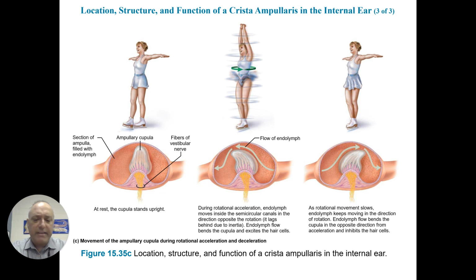But it excites these hair cells. And then when this person stops, the endolymph is still flowing, just in the opposite direction now. And it bends the cupula in the opposite direction from acceleration and inhibits the hair cells.